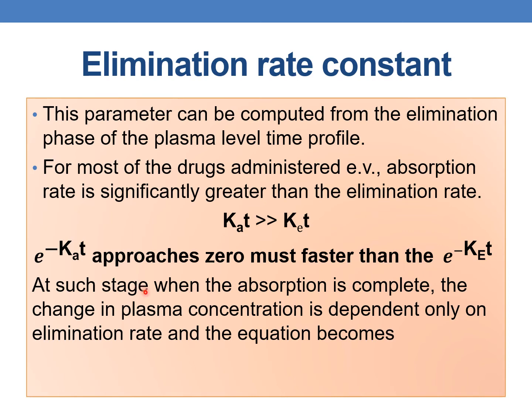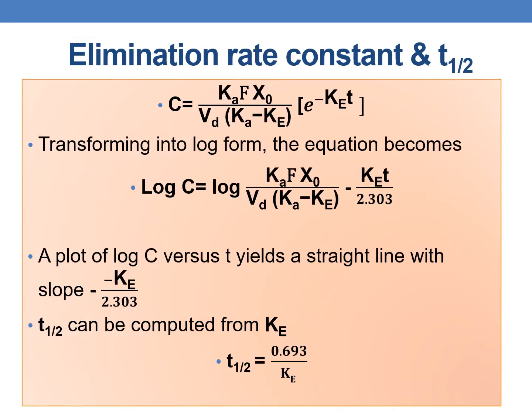At such a state, when the absorption is complete, the change in plasma concentration is dependent only on the elimination rate, and the equation is further reduced. C is equal to Ka F X naught by Vd into Ka minus Ke into e to the power of minus Ke t, because the term e to the power of minus Ka t approaches 0, that is nullified, and only this term exists.